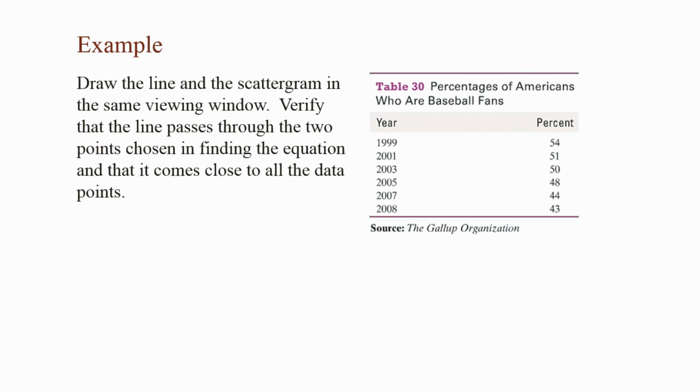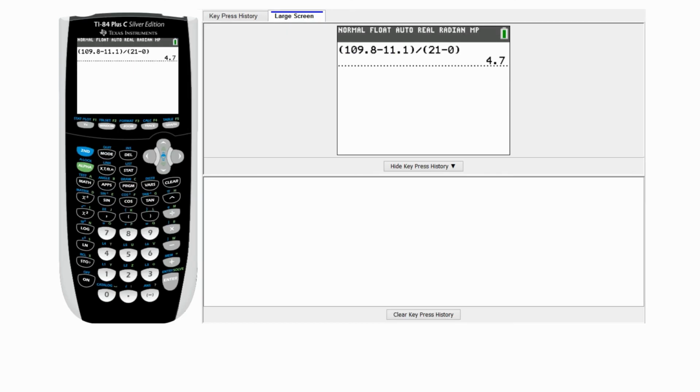Draw the line and the scattergram in the same viewing window. Verify that the line passes through the 2 points chosen in finding the equation and that it comes close to all the data points. On our calculator, we want to graph our line. Press Y equals.